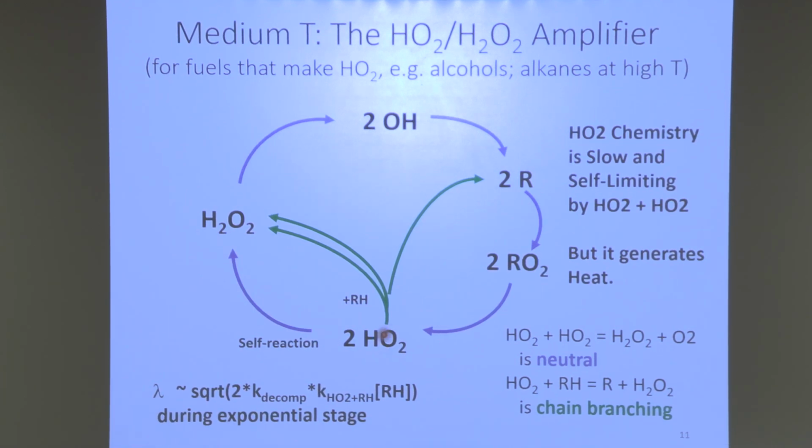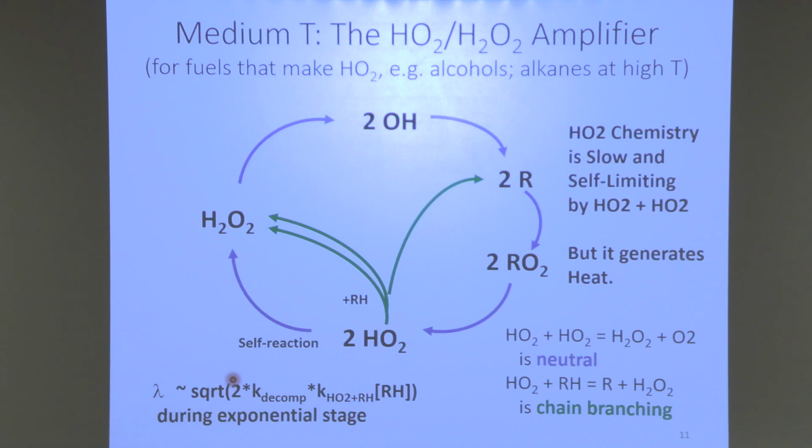But every time the reaction goes this way, where the HO2 reacts with fuel, then you get more H2O2, 2 moles of H2O2, and you short circuit this cycle. And the more H2O2 you get, the faster you form the radicals, and so you get an amplification. Or sort of like all these guys grow in consort with the steady state concentration of H2O2. So this goes up, then all the radical concentrations also go up.